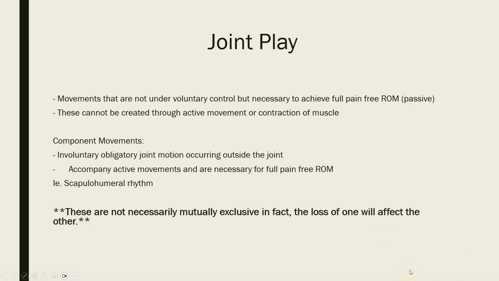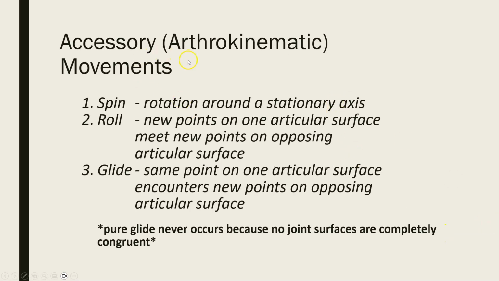When we look at the movements of the joints and the muscles and this joint play, they're not mutually exclusive, but if you lose one, the other one can't work, okay? So when we're looking at these accessory movements, we have to consider a couple things that will happen between joints.